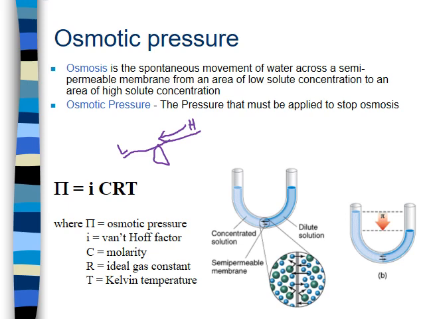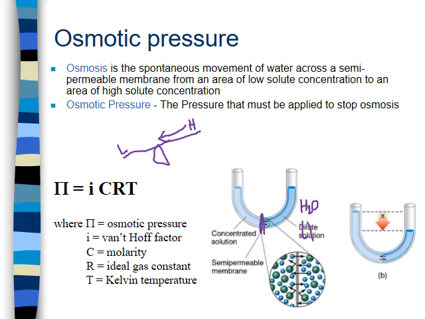So if you look at this U-shaped tube, and please draw it, there is a disc at the bottom, right here, that has a membrane, and that membrane is semi-permeable. Now in the diagram on one side it says dilute solution. Let's change that. Let's make this an extreme example and say on one side we just have pure water, so H2O.